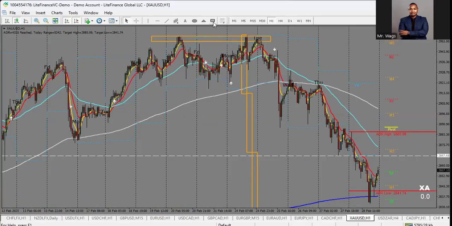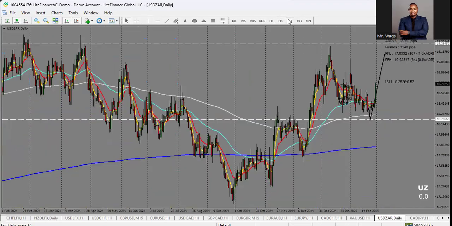If we're expecting for price to still go down, we should be having a reset around this point where the 200 EMA is also there, and then a continuation down. That is on gold. Now let us look at the exotic USDZAR.